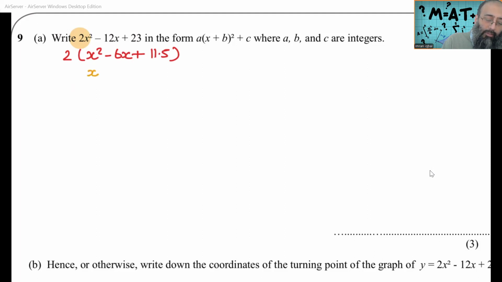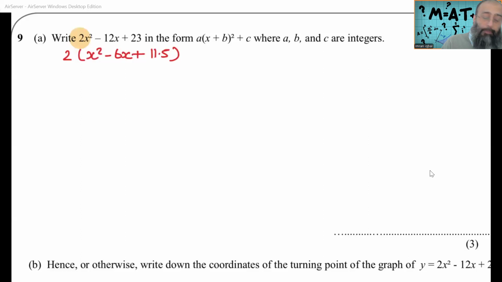So we have our x squared plus bx plus c, okay? And the important thing is here, the number here is 1. So for the method to work, we're pulling the 2 out for the moment. So nothing to worry about.